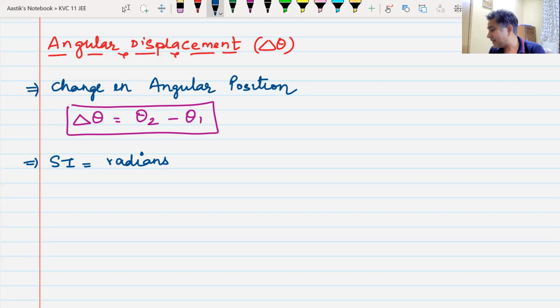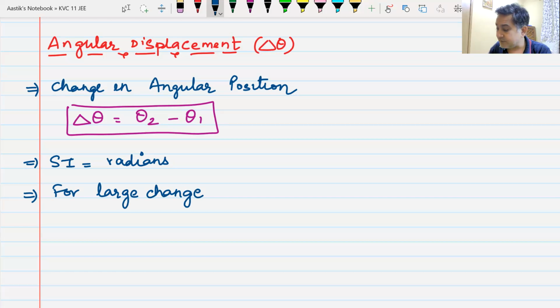What type of quantity is angular displacement? Now that is what you have to listen very carefully. For large change, when there is a large change in angle, that means delta theta.